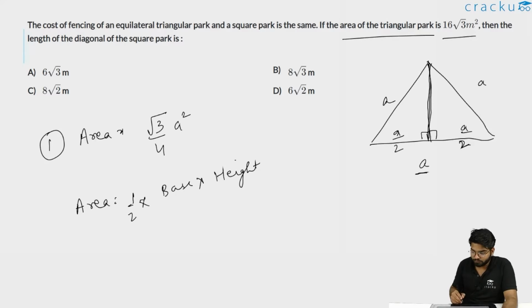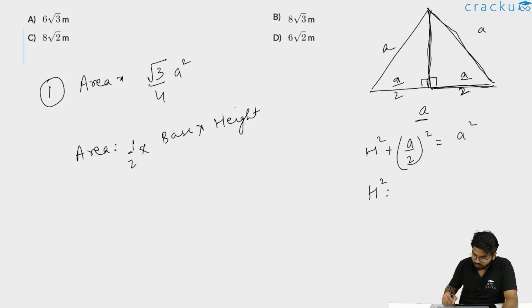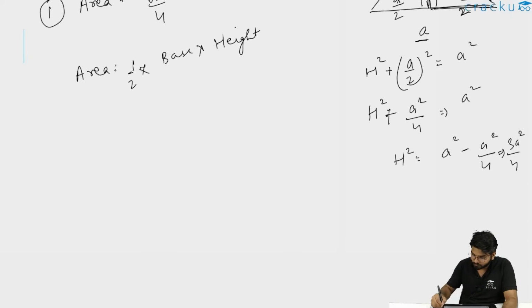I know that the base is a, but I don't know the height. So I can find the height using the Pythagoras theorem. Height square plus base a by 2 whole square is equal to the hypotenuse, that is a square. So height square is a square minus a square by 4, that is 3a square by 4.